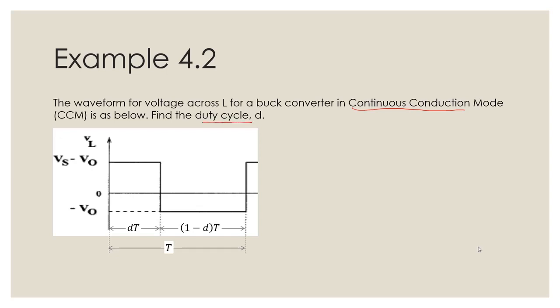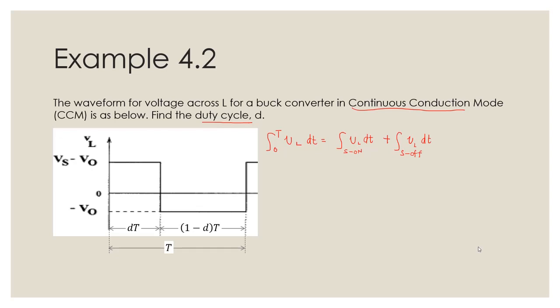Okay, so for a voltage across the inductor from 0 until T as given over here, if you write that down, the total voltage across the inductor is equivalent to the voltage across the inductor when the switch is on, plus the voltage across the inductor when the switch is off.